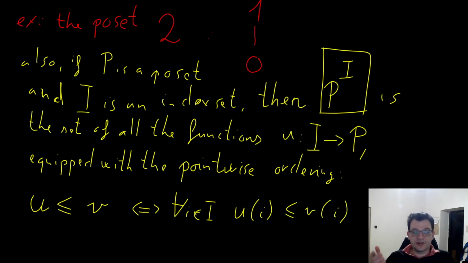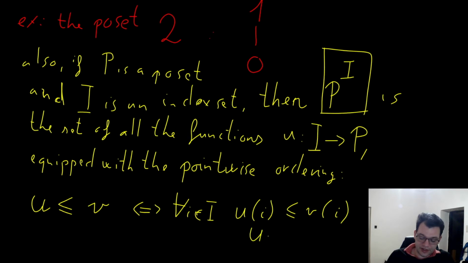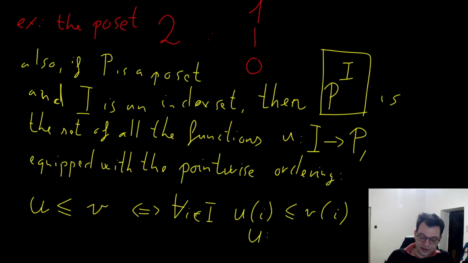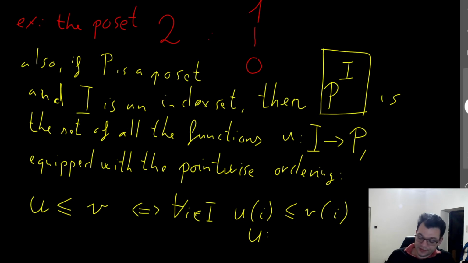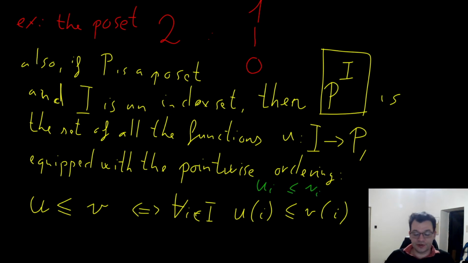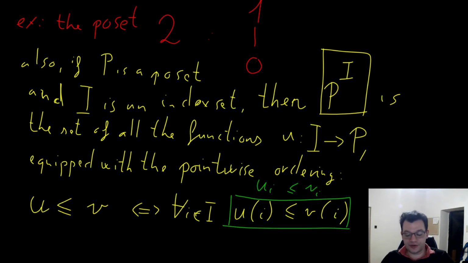Yes, you see, it's a function argument, but you can view it as an index as well, so you can write it as a subscript if you wish, and that's why it's also called an index set, because some people prefer to use this notation for denoting the functions. This is the same, but in this course we will use this form more or less explicitly, when we are talking about these posets.